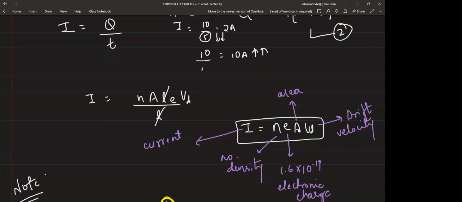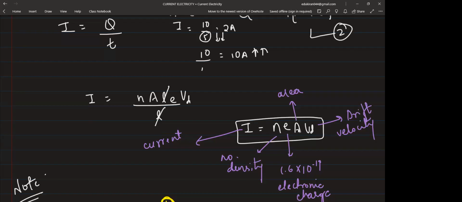Whether you increase the diameter and make it wider, if only 5 amperes of current had entered the circuit, only 5 amperes is going to leave. That is why current is independent of the area, though from the formula, mathematically, it appears that current is directly proportional to area, that as the area increases, the current also should increase.